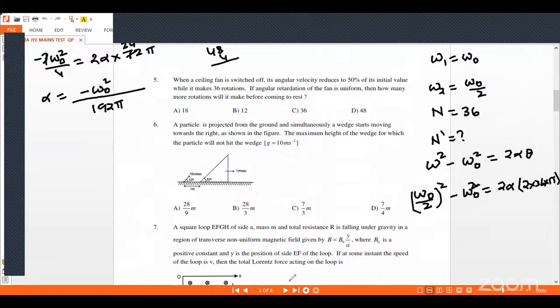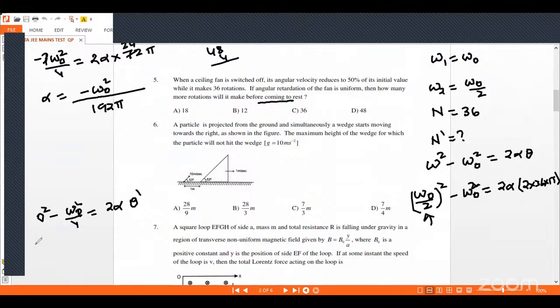Now they are asking how many rotations it will make before coming to rest. Before coming to rest means the final velocity will be 0, and the earlier final velocity now becomes the initial velocity. So 0 square minus omega naught square by 4 equals 2 alpha theta dash. I need to find the number of rotations.